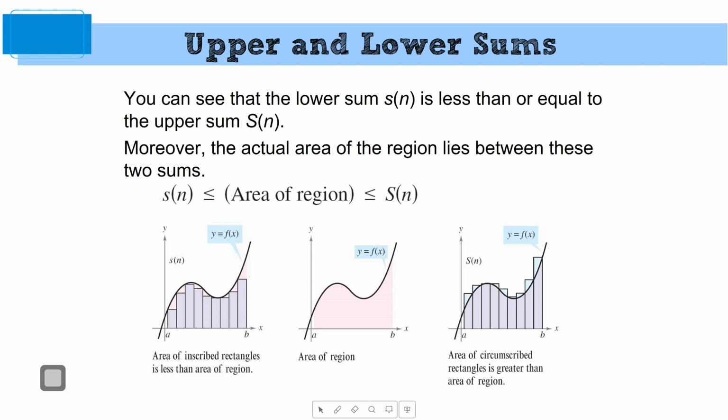Little s of n is less than the actual area, which is less than the capital S of n. And just to say again the terminology, if your rectangles are below the curve, it's called inscribed. If your rectangles are above the curve, it's called circumscribed.